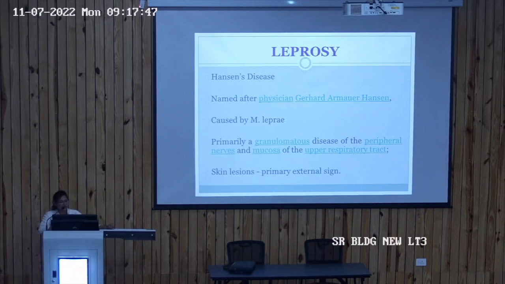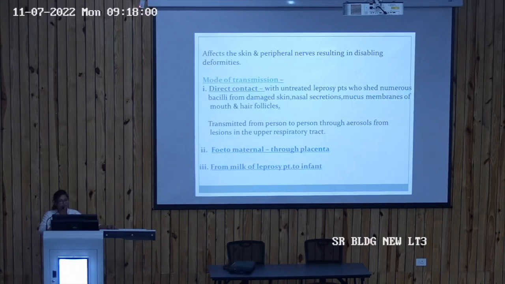The primary external sign is skin lesions. Usually a patient presents with skin lesions or some peripheral nerve thickening. So it results in a lot of disabling deformities.